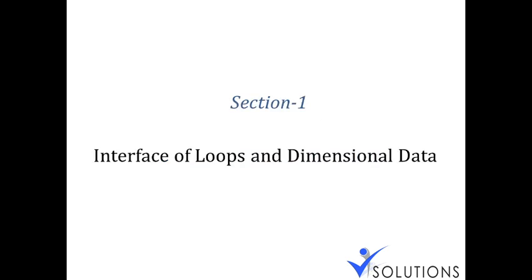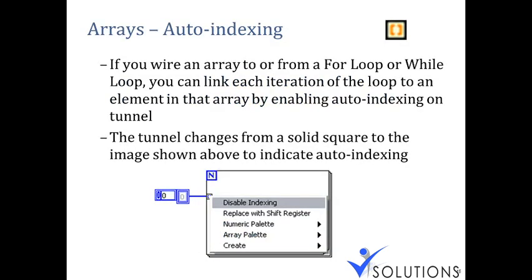Fine. Moving further, I'm going to the second part of section 1, interfacing of loops with your multidimensional data. What I mean by multidimensional data is your arrays. We have seen some tunnels before. We were seeing tunnels when you are trying to pass data into your case structure or from inside to outside of a case structure.